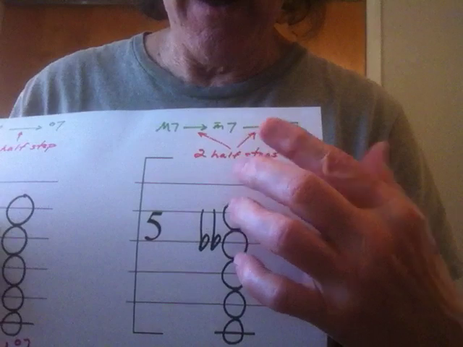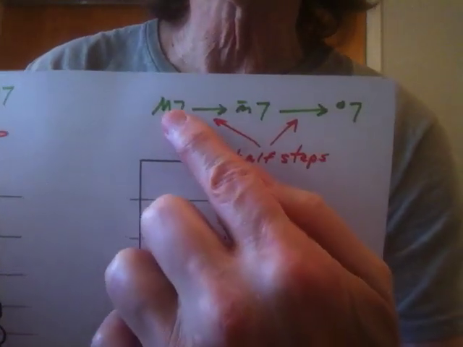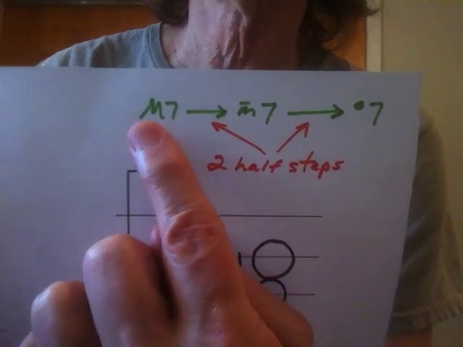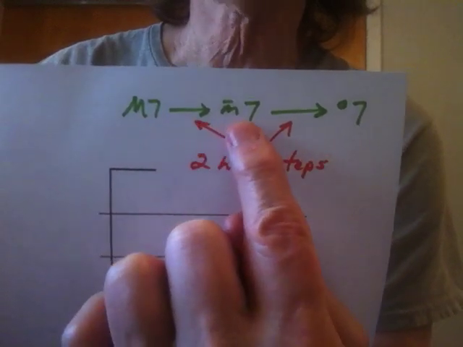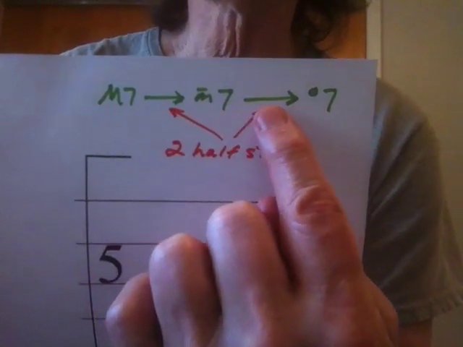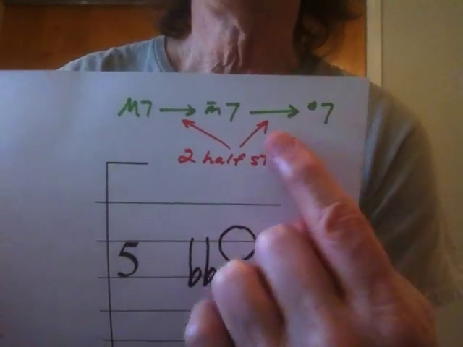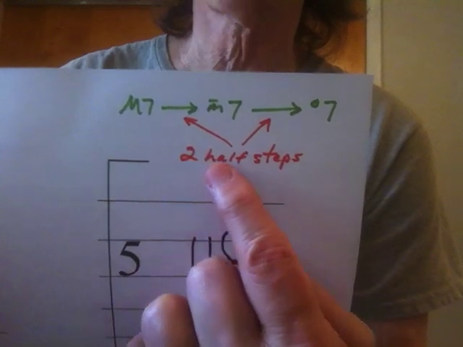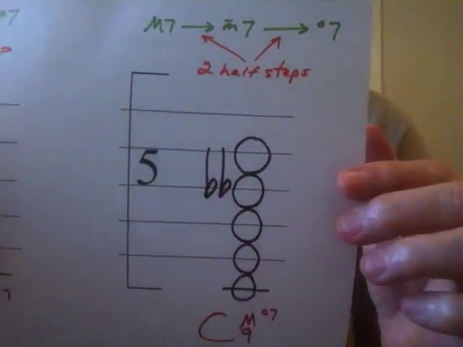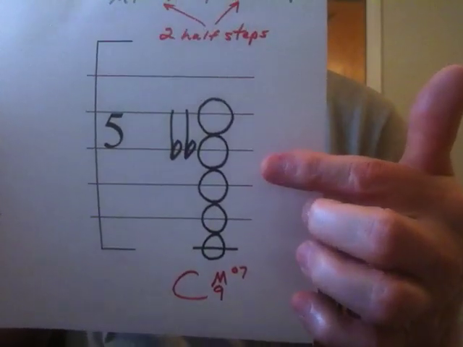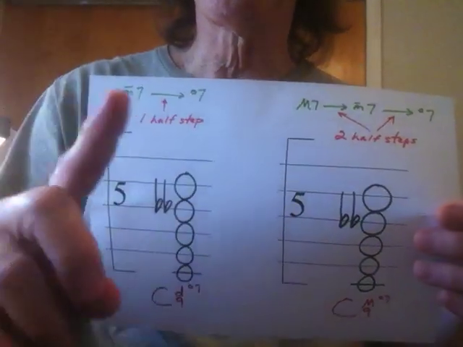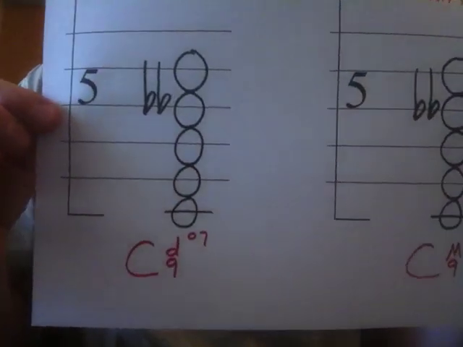But you see what happened here. First you start out with that major 7. That's normal for that bass chord. Then you lowered it a half step to a minor 7. Then you lowered it a half step to a diminished 7. Two half steps. The movement was two half steps. That's what it took to get this chord. And this chord's okay. In my system, it's fine. Nothing wrong with it.